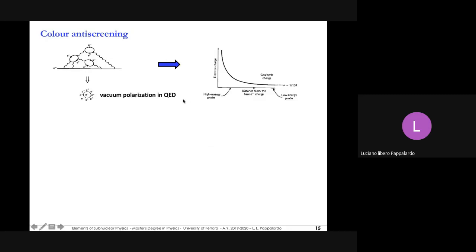So this was indeed the vacuum polarization in QED. So the positrons tend to be closer to the electrons so that the electric charge is screened. And as a consequence, if you remember, okay, the value of the electric charge that you measure depends on how deep your probe enters this cloud of electrons and positrons, okay?